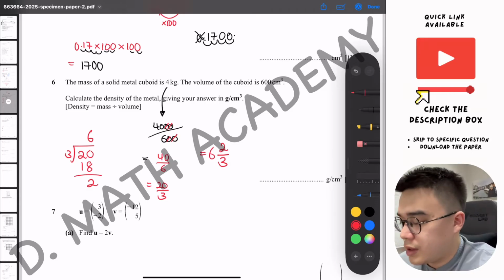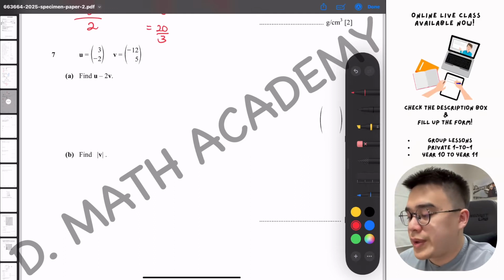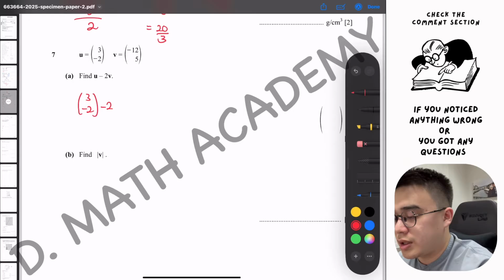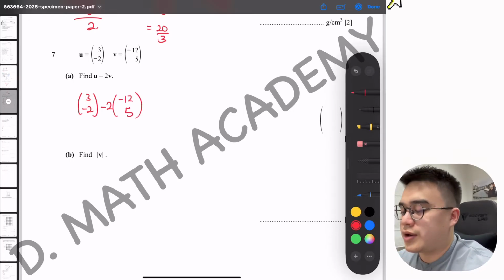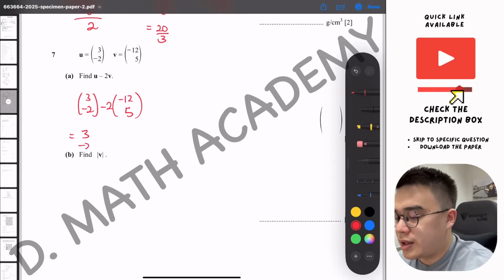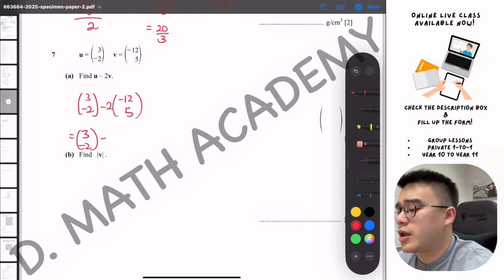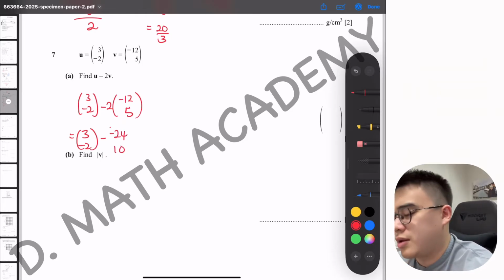All right. Question 7, vector u minus 2v. Can feel free to just write down as per instructed. Okay, you have a 12 and a 5 here. After you multiply it in, okay, you actually get a negative 24 and 10.